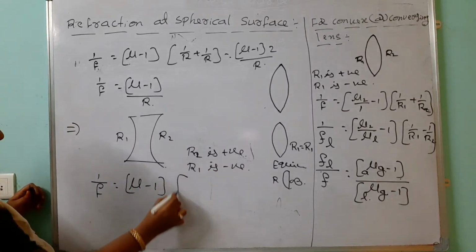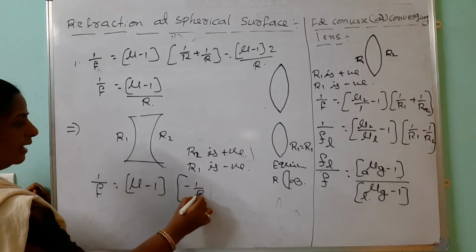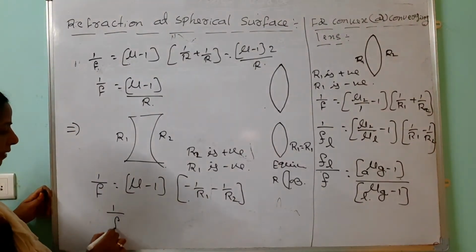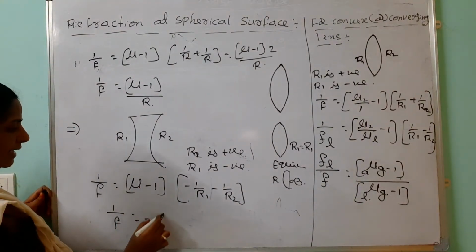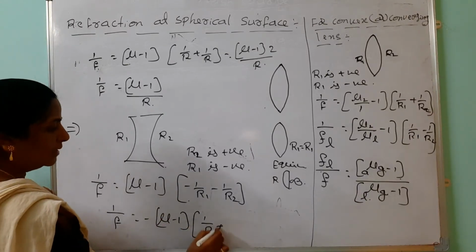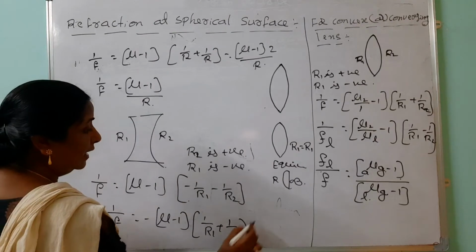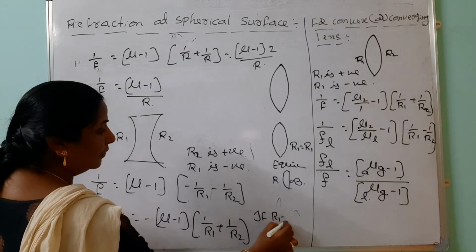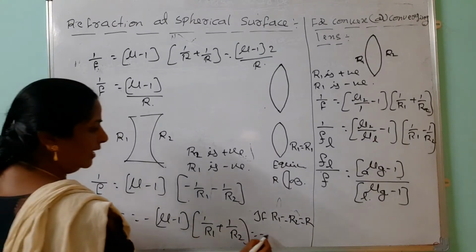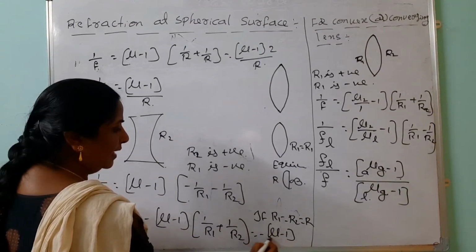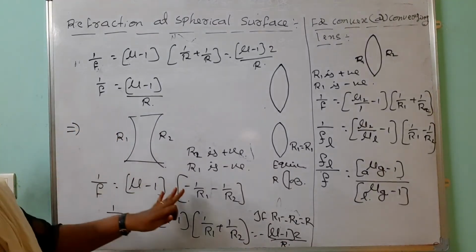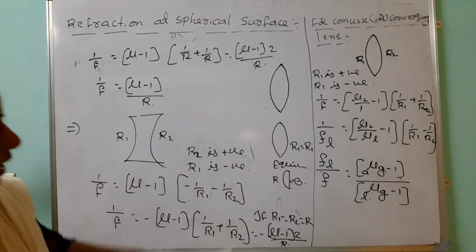That's why we are getting here minus 1 by R1 minus 1 by R2. So it should be written 1 by f equals minus mu minus 1, into 1 by R1 plus 1 by R2. If R1 equals R2, at that time how to write this expression, same, we are getting minus mu minus 1, into 2 by R. So this is about the concave lens and that is about the convex lens.